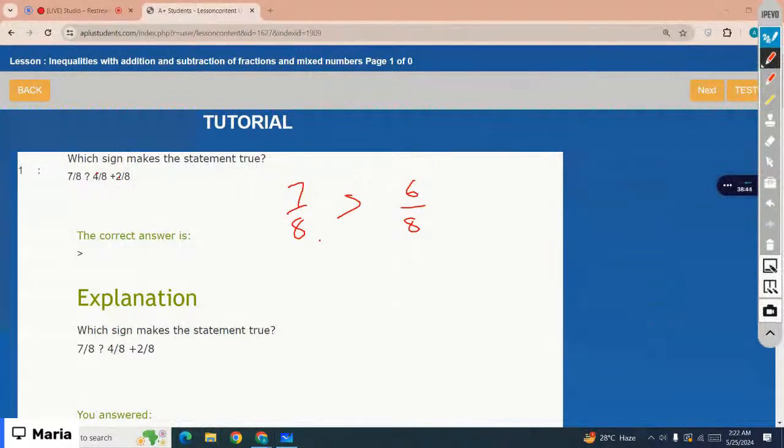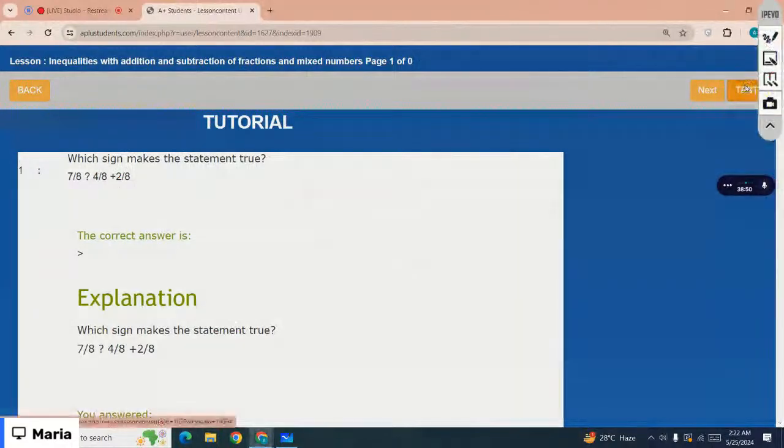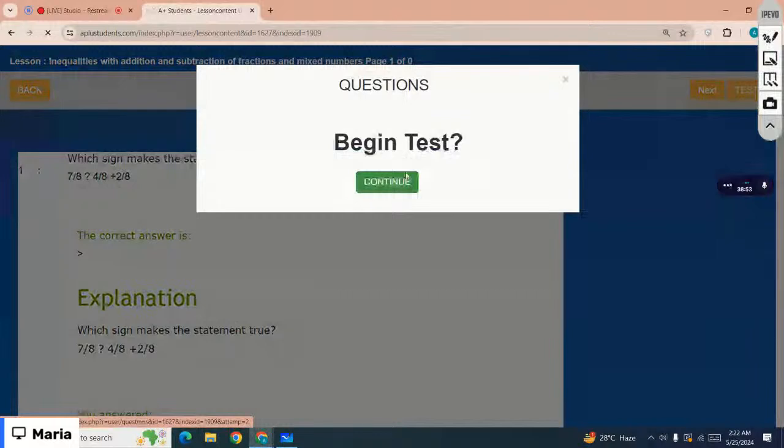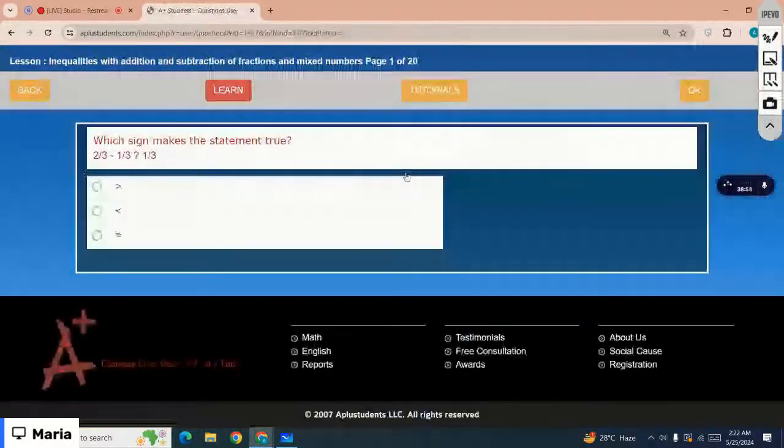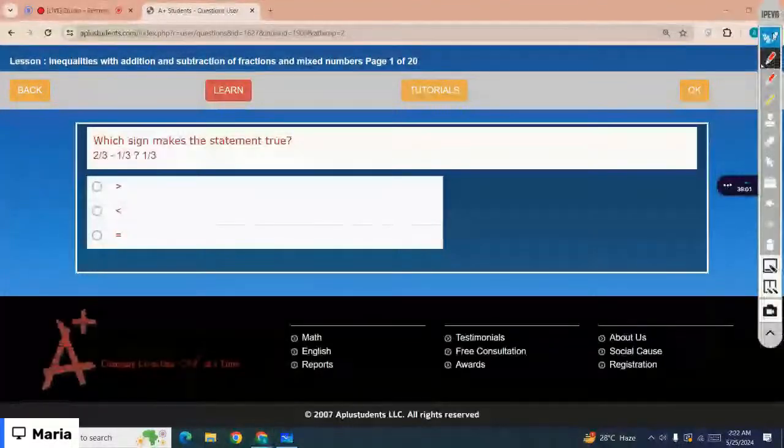Okay, let's just start with the test questions. Basically, you have to compare the fractions. You have to solve the other side where you are given two fractions and then you have to compare both sides. Which sign makes the statement true? 2 by 3, take away 1 by 3. You have to compare it to 1 by 3.